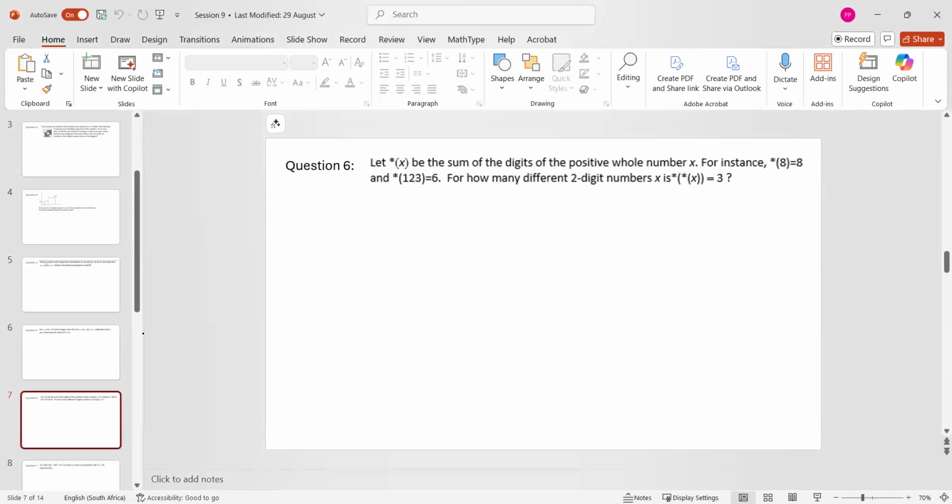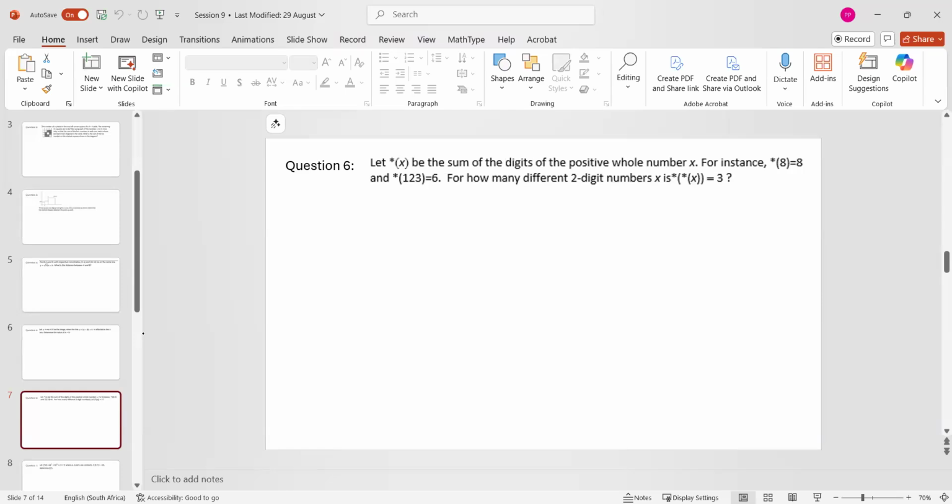Let's go to question 6. Question 6 says, let star x be the sum of the digits of the positive whole number x. Okay, now star is like a function. Star is a rule.